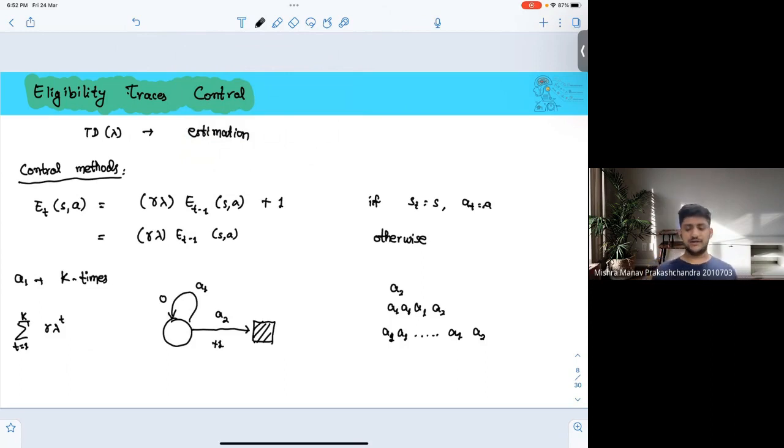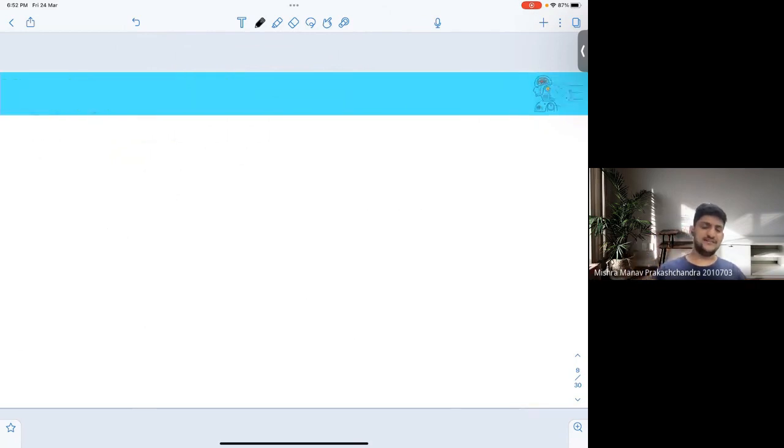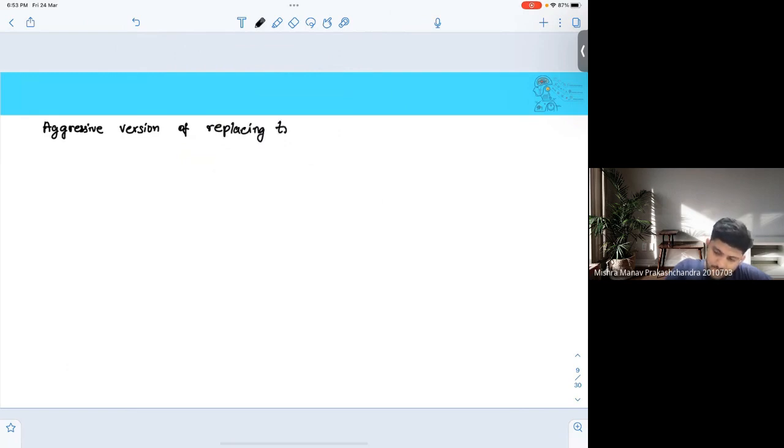Okay, so in order to remove that particular problem, we make use of replacing traces in that case. So there is one aggressive version of replacing trace, and the update is as follows.